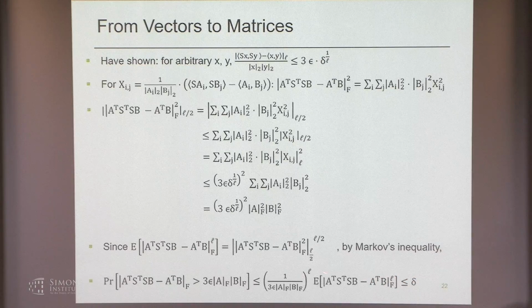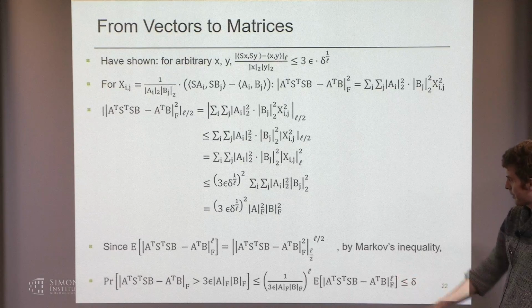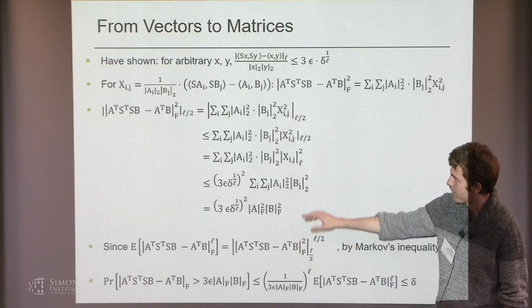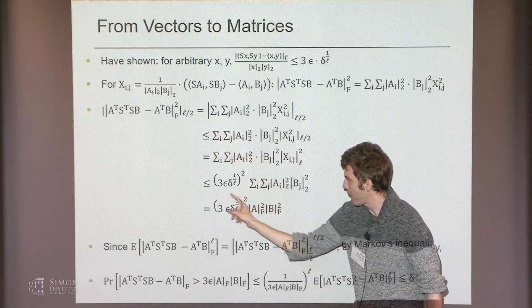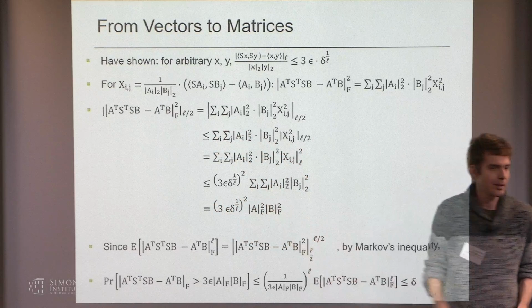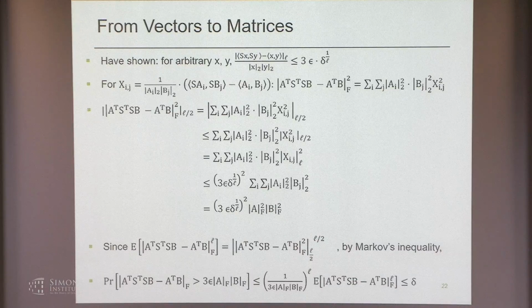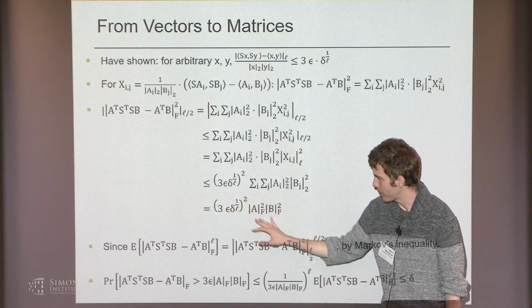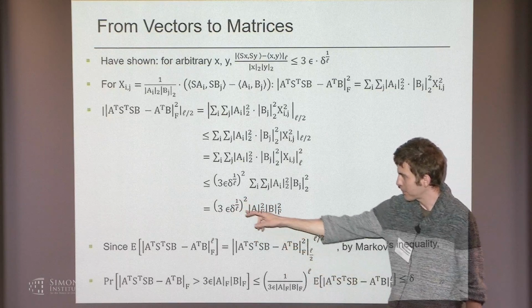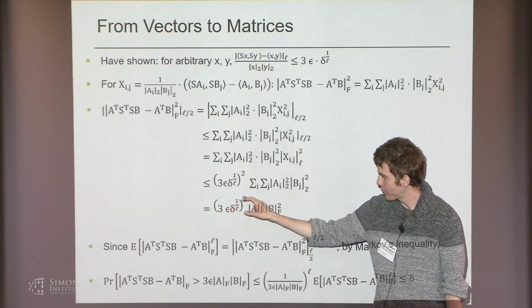Okay, so we just showed that this expectation here is this quantity, which is the L over 2th power of this quantity. Right? So what happens here, I raise this quantity to the L over 2. Let's just look at epsilon, for example. So I get epsilon squared to the L over 2.